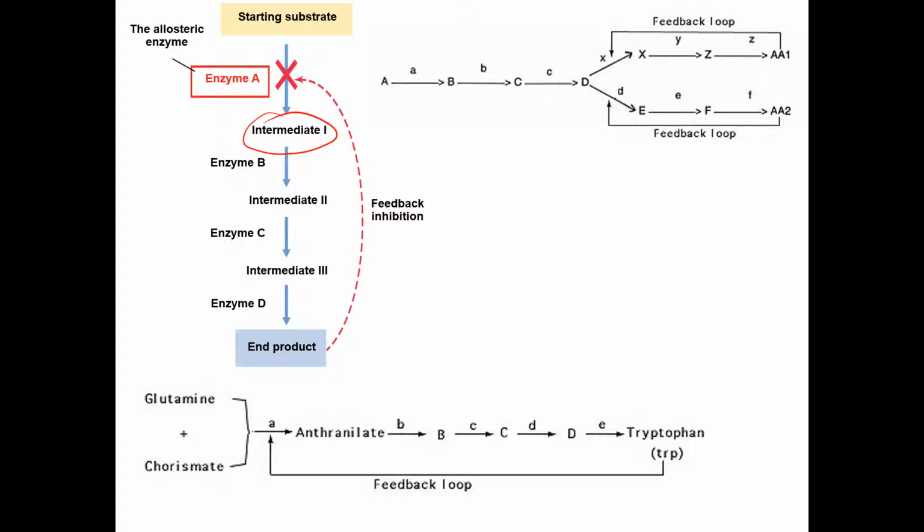Now here, this feedback loop is a little bit more complicated, because product D can be used to produce two products, either AA1 or AA2.